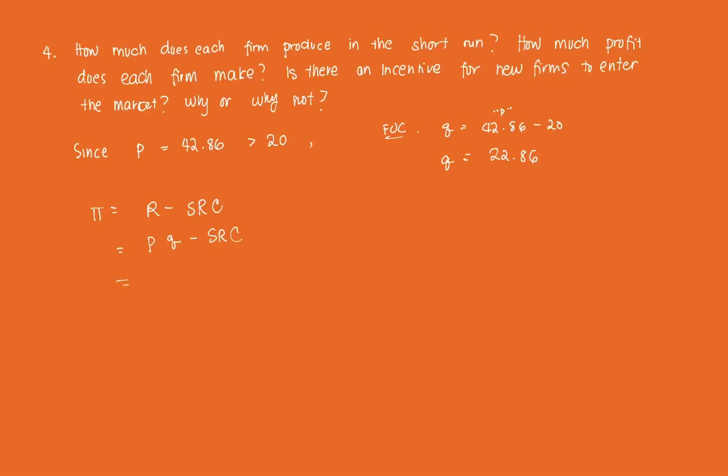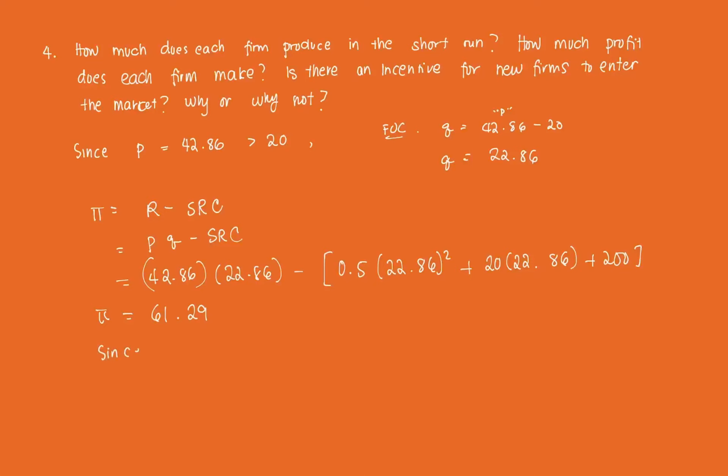If you substitute the values, that's 42.86 times 22.86 minus 0.5 times 22.86 squared plus 20 times 22.86 plus 200. Then we end up with profit being equal to 61.29.